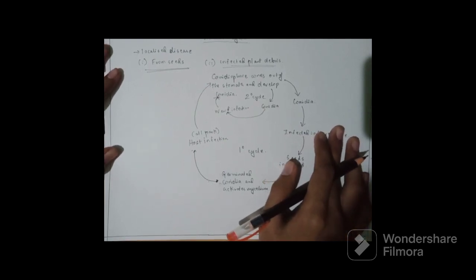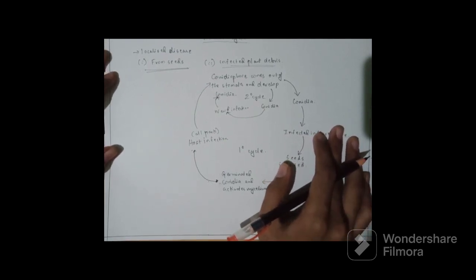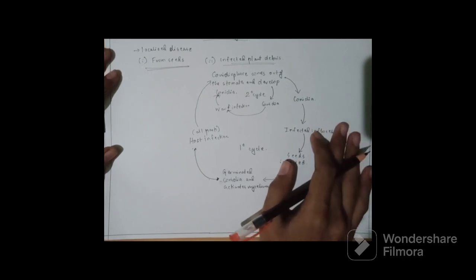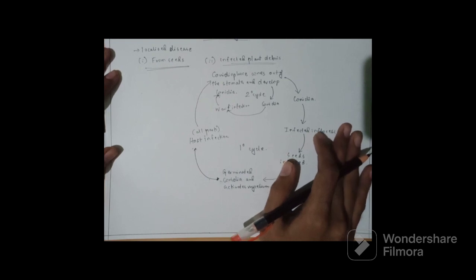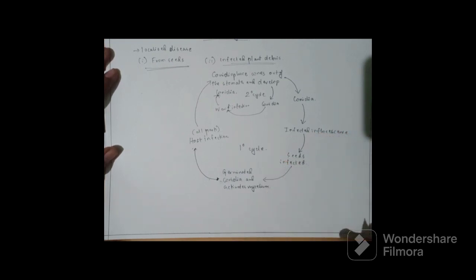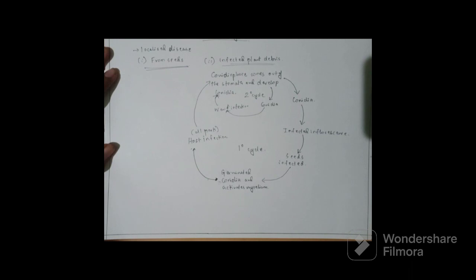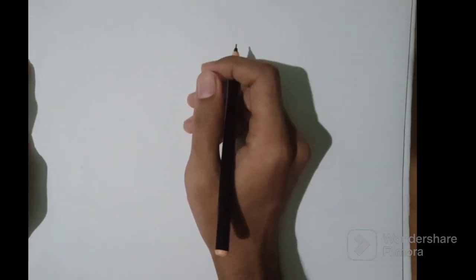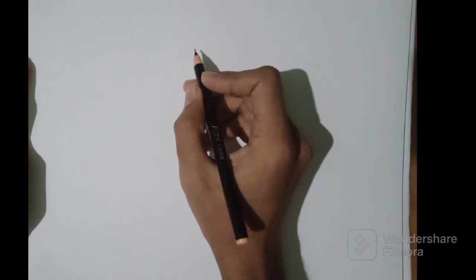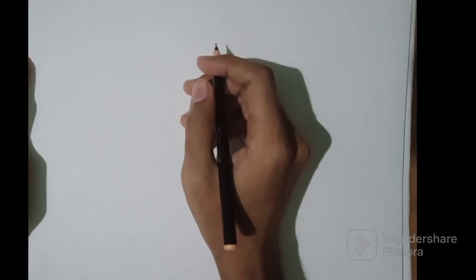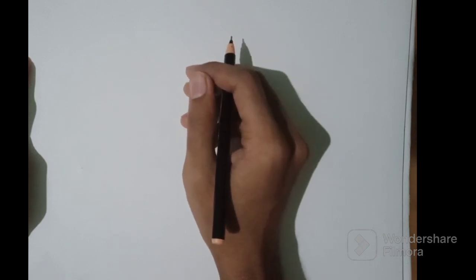Now let's learn lastly, the last important thing, the last factor of a disease, the environmental factors, and how we are going to treat this infected plant to stop the disease and stop further infection. Now let's learn about the environmental factors and the methods of treatment. Now we have reached the last part of the topic that we need to learn about the brown spot disease of rice, which is the environmental factors.